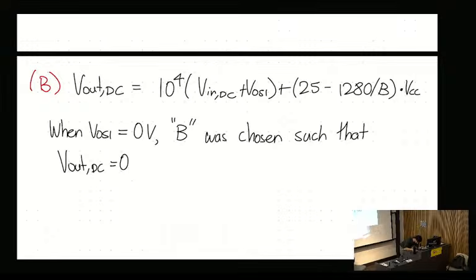So what also must have happened was V in DC was 0. Otherwise, we don't know if it's the offset or our input signal that's being amplified.